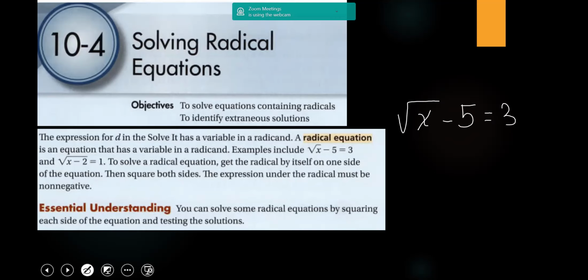So the first step is to get the radical by itself. How? By moving the 5 to the other side.